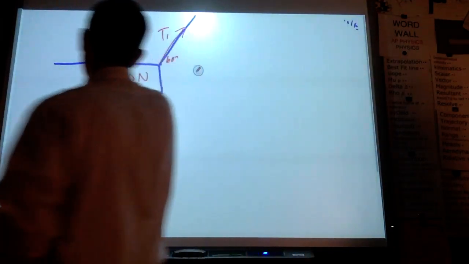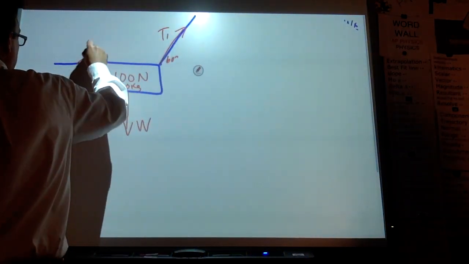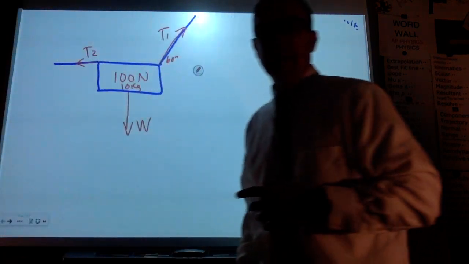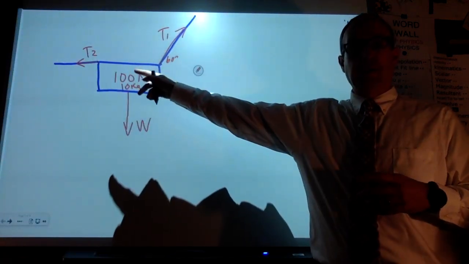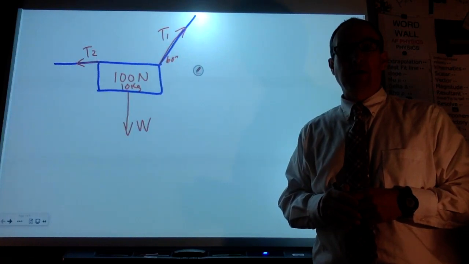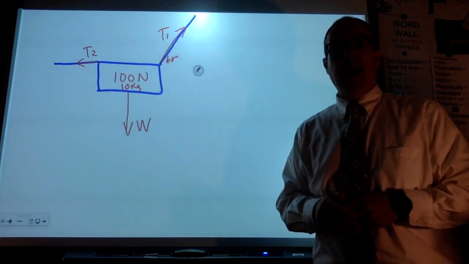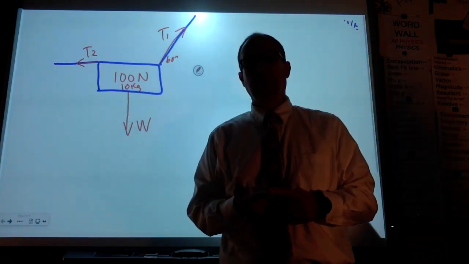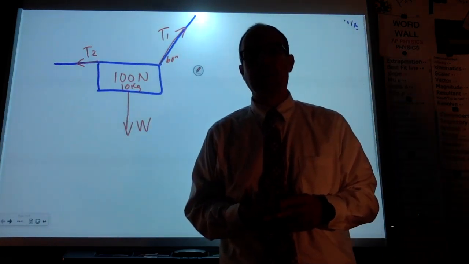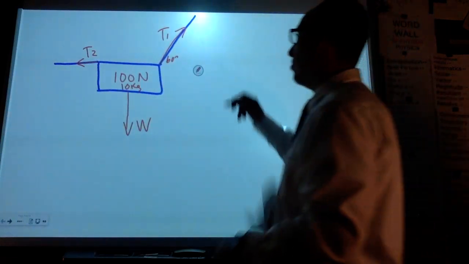And then I'm going to have this tension acting in the direction of that wire. And those are our three. Now, one's at an angle. I need to get rid of it. I need to resolve it. We call that resolving. So I'm going to redraw my T1.